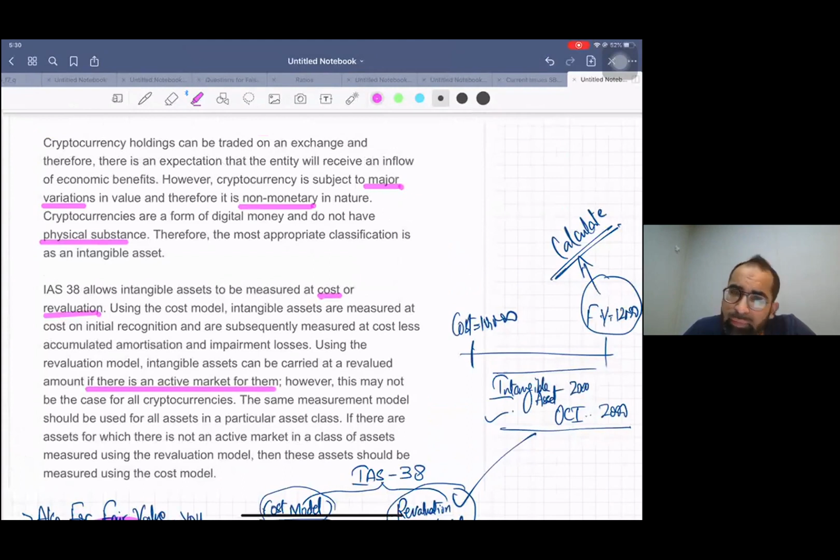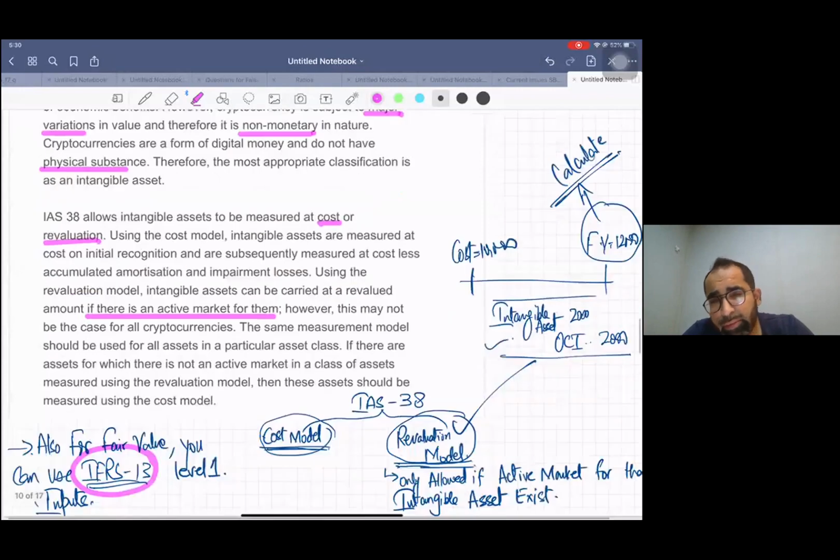Come on, tell me. Excellent. Level 1. Because there is an active quoted market of the identical, identifiable good available. That's why level 1 can be used.